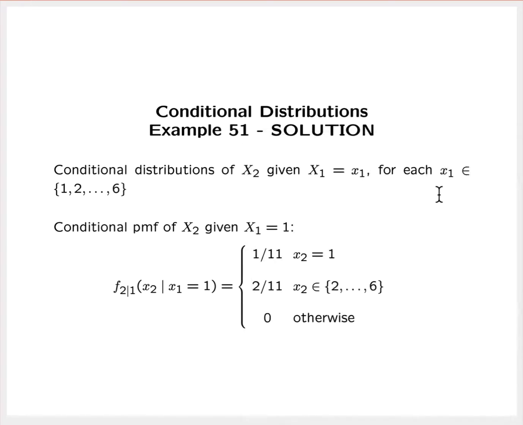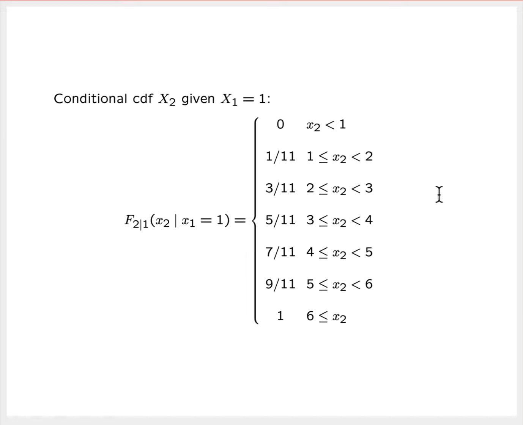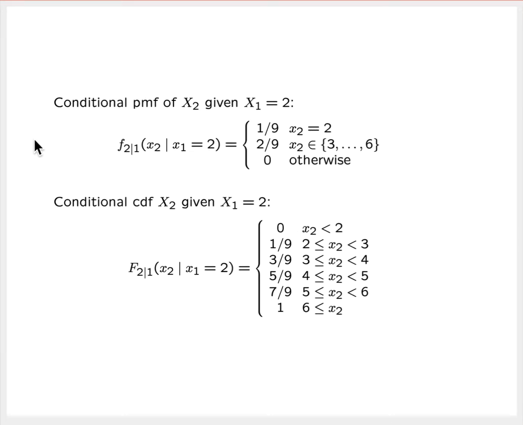And so we get the conditional PMF of x2 given that x1 is equal to 2 being equal to 1/9 if x2 is equal to 2, and it's 2/9 if x2 ranges from 3 up to 6. It's 0 otherwise. Once we have this conditional PMF, we can find its conditional CDF as given here.